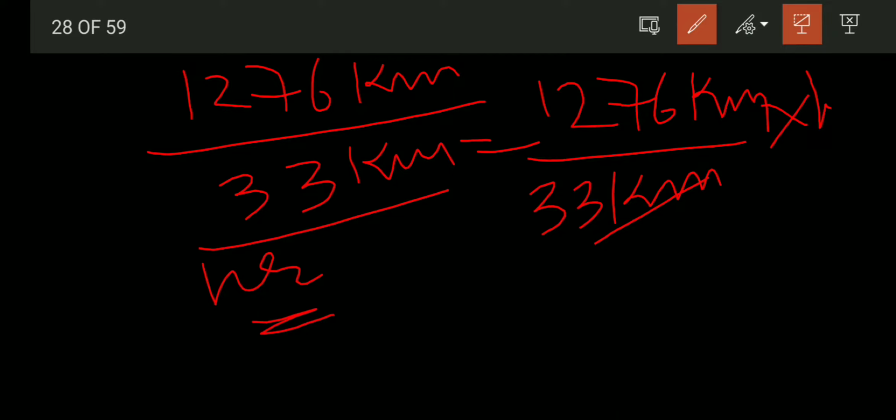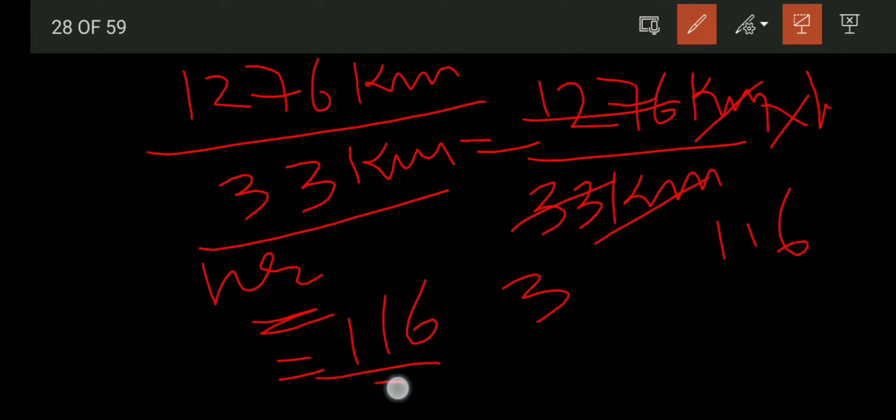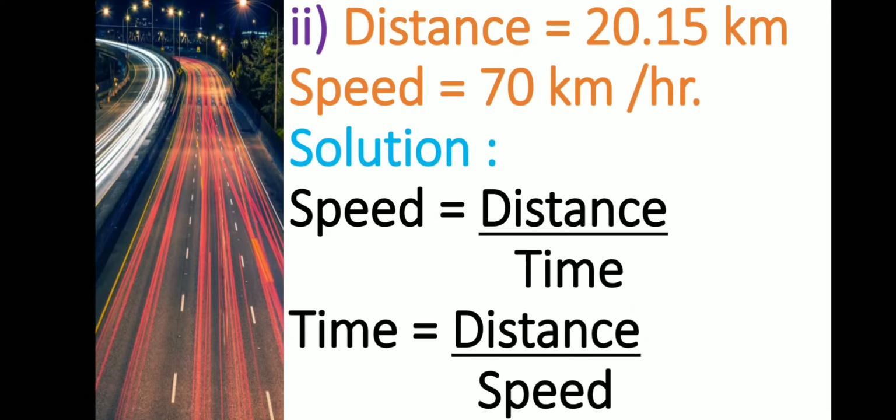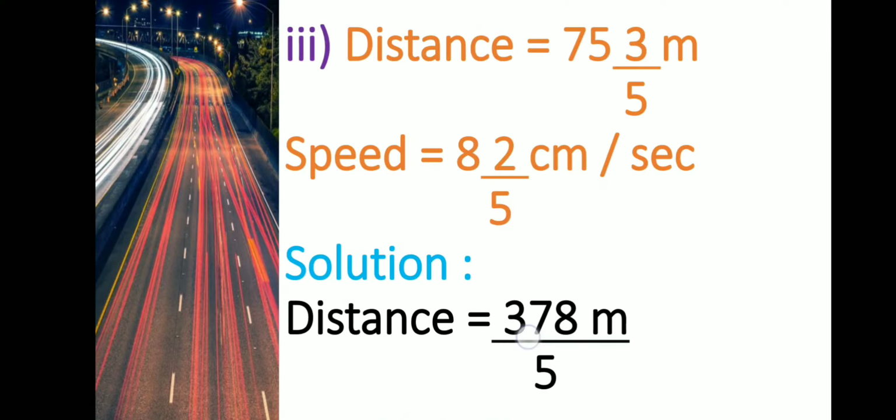This kilometer gets cancelled. 11 threes are 33, 11 ones are 11, 6 are... So this comes to 116 by 3 hour, and that is equal to 38.66 hour. Rest you can do on your own.